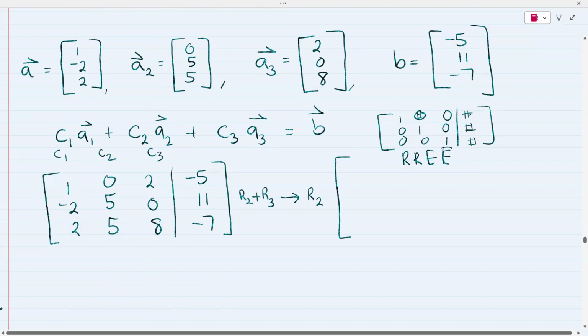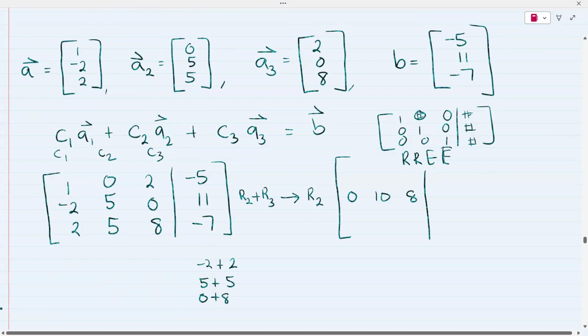So the first number in row 2 is -2, plus the first number in row 3, which is 2, so that would be 0. Second number in row 2 is 5, plus the second number in row 3, which is 5, that would be 10. Third number in row 2 is 0, plus the third number in row 3, which is 8, so 0 plus 8 is 8.